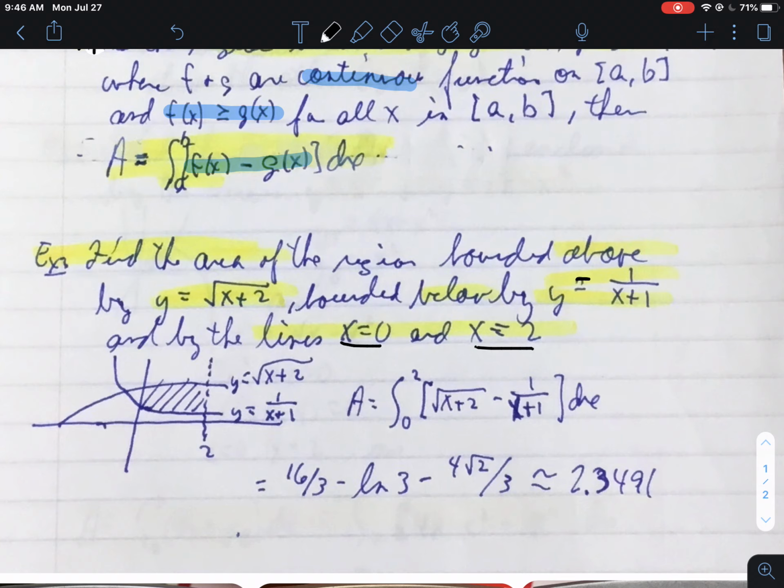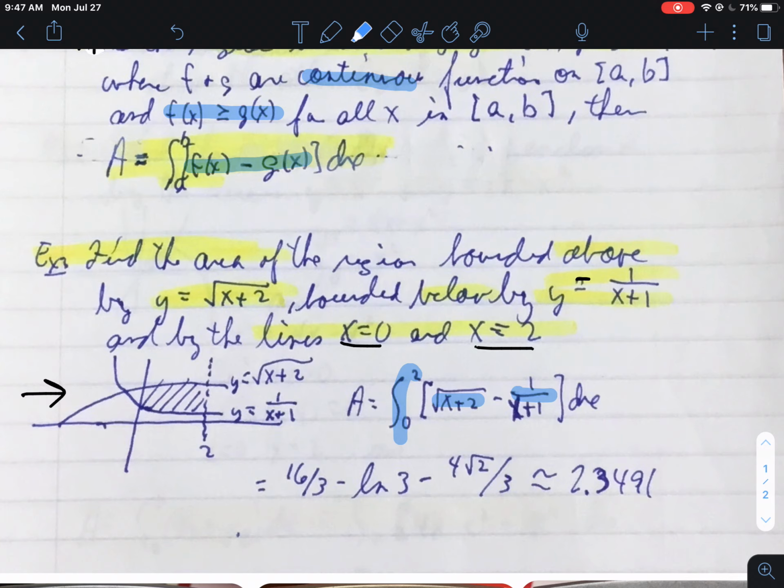If you graph those two functions, I have the graphs sketched out here on the left, and that visually shows us that square root of x plus 2 does lie above 1 over x plus 1. So I'm going to integrate over our interval from 0 to 2 of the upper function, square root of x plus 2, minus the lower function, 1 over x plus 1.